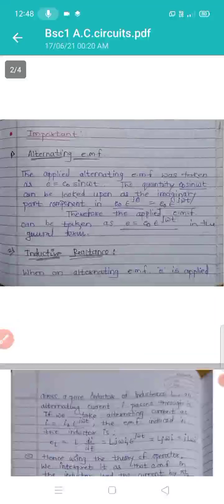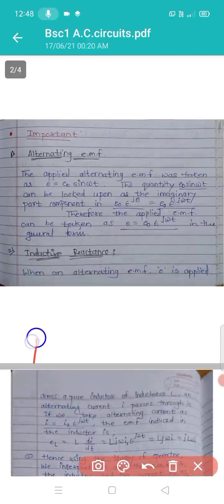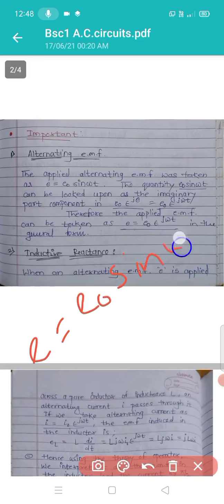Then what is alternating EMF? These are the basic concepts you have to know to study AC circuits. The applied alternating EMF was taken as E equal to E naught sin omega t.